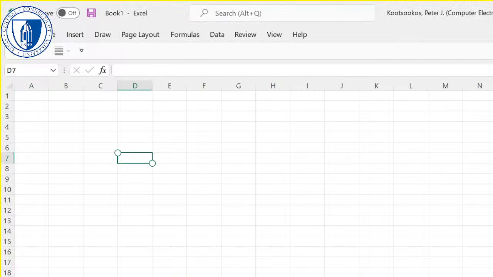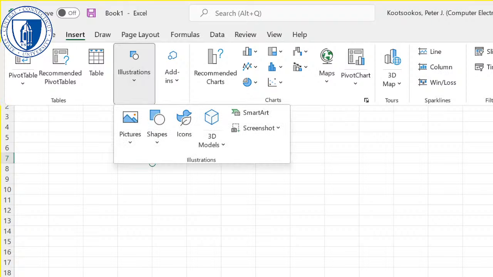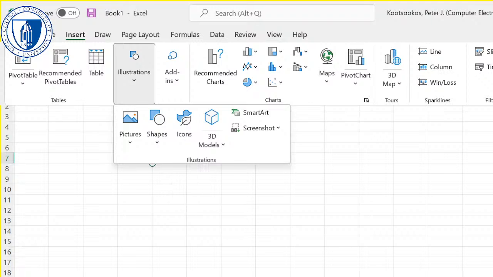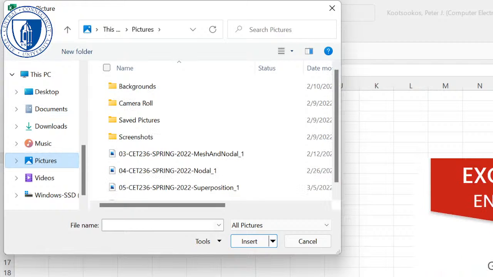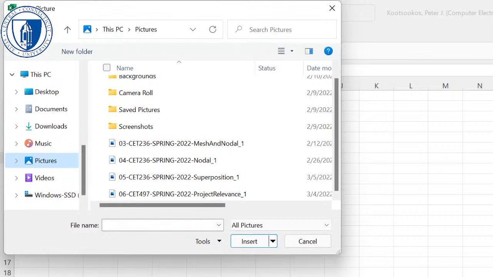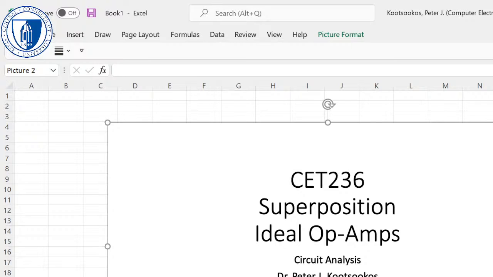You should just be able to go, right, insert, illustrations, pictures, from this device, and then go to pictures. Right, and you should be able to insert it there quite happily.